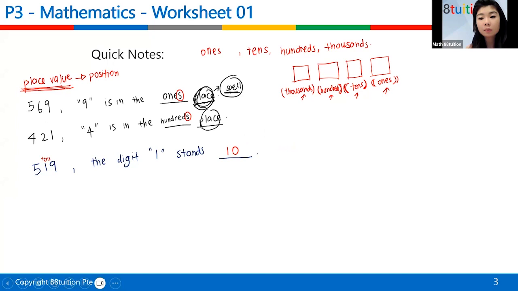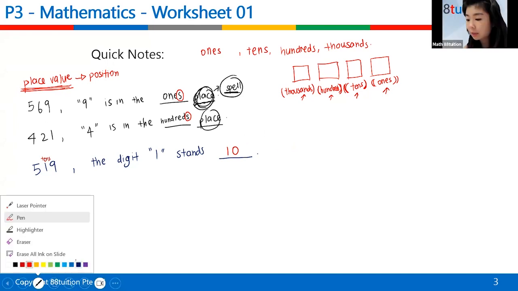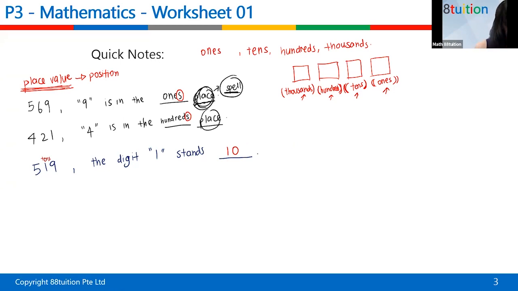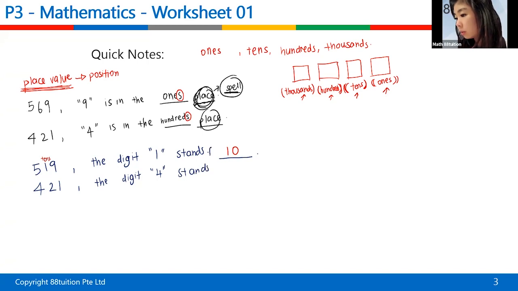Jingxi, understand? Yeah. Okay, Jingxi, I want you to try the next question for me. Similar question. Now I have 421. Same as just now. The digit 4 stands for 4.